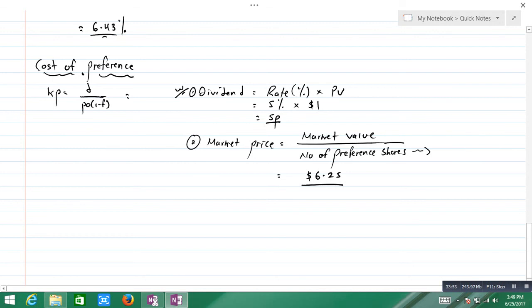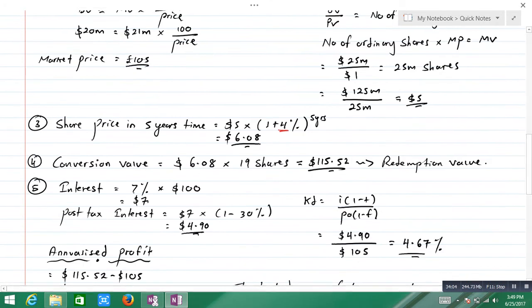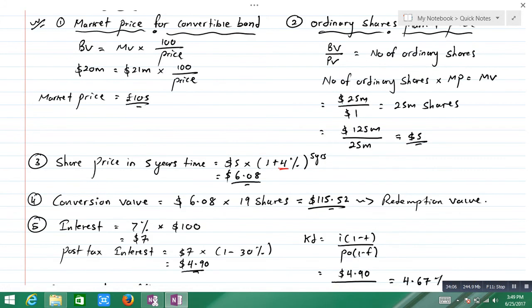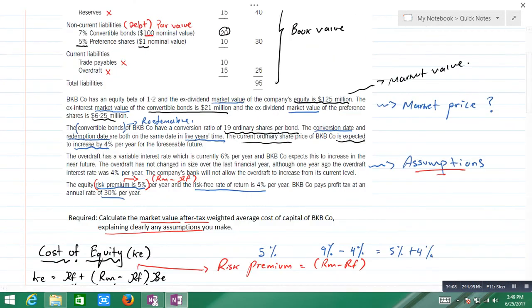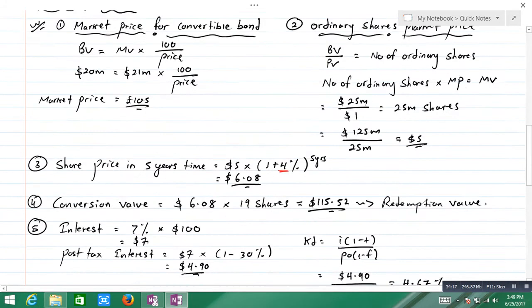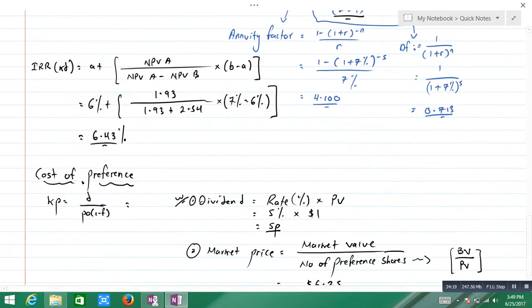So this is going to be the book value for preference shares, 10 million, divided by the par value of 1. That will give you 0.625. That is the market price.